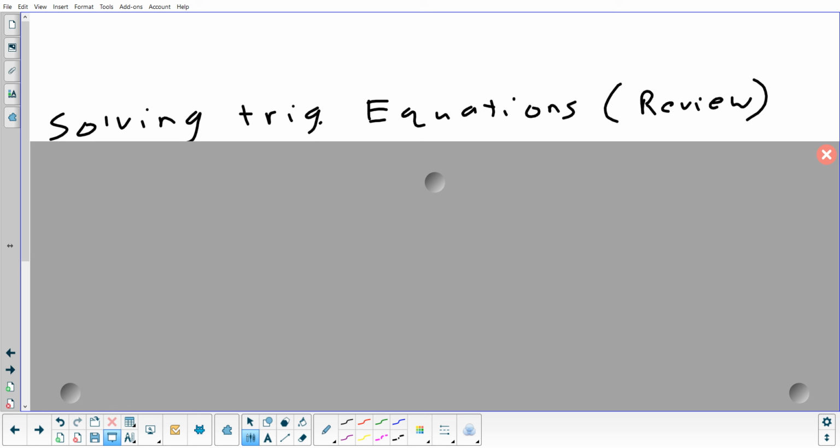Now, think about trig equations. For example, think about sine. What does the graph of sine look like? Abigail, what does sine look like?